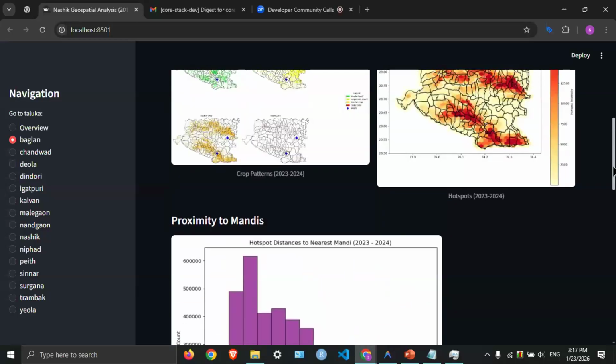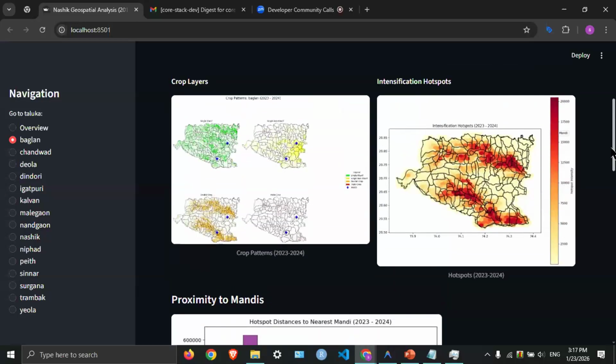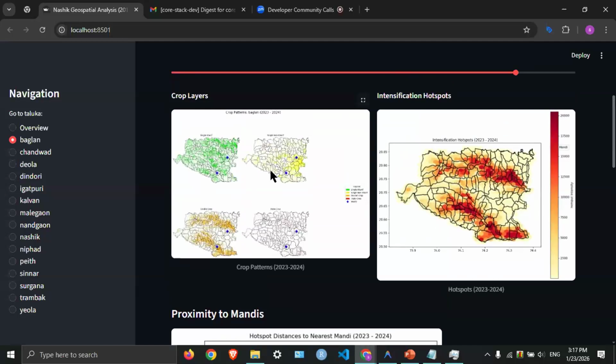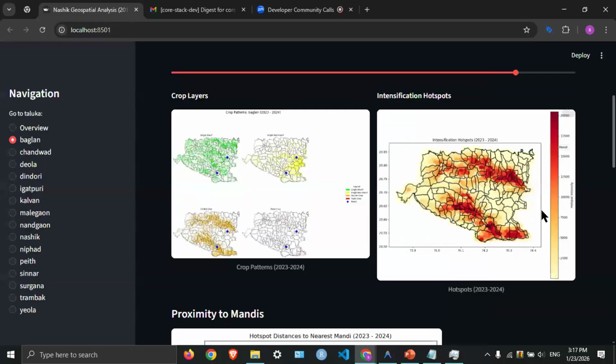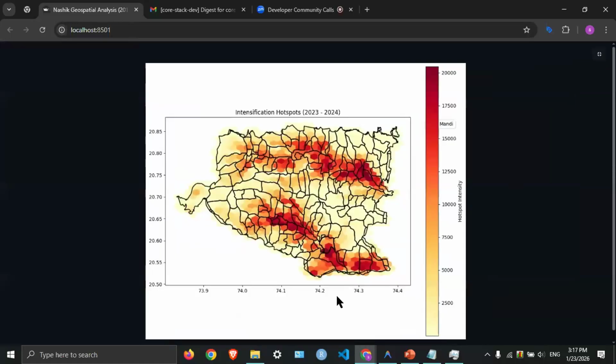Yes, I can put the same thing in simple terms. Let's assume that in the southern part of the Nashik taluka, Baglan, presently here is the mandi. So you can see that from this location, hotspots are near, right? If you draw circles around it at 5 kilometers, 10 kilometers, 15 kilometers, these hotspots are near.